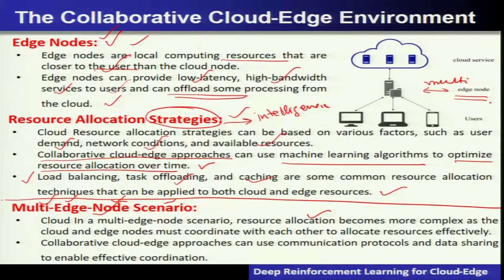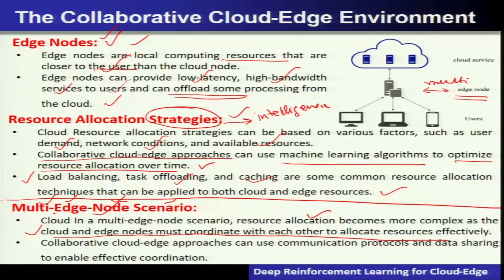Which of these multiple edge nodes is going to provide you the resources will also be a part of decision making. So instead of a single node, multiple nodes exist, and there are now multiple possibilities of getting resources from the different edge environments. Therefore resource allocation becomes quite complex, as the cloud and edge node must coordinate with each other to allocate the resources effectively.